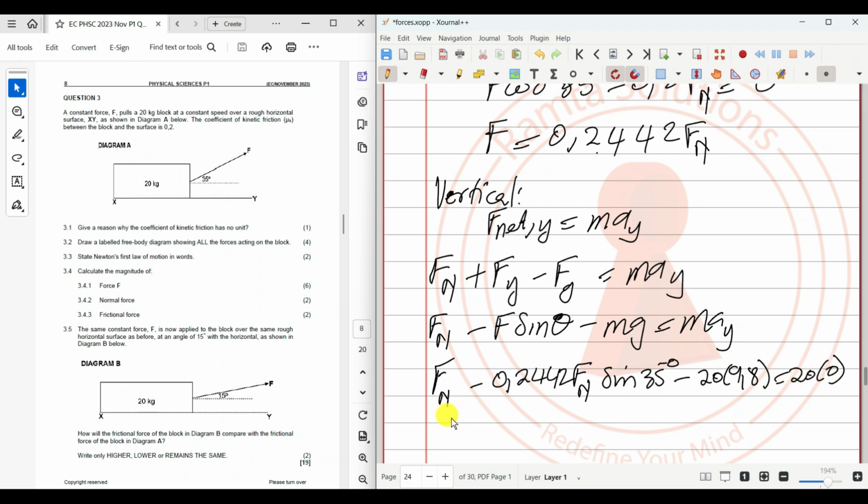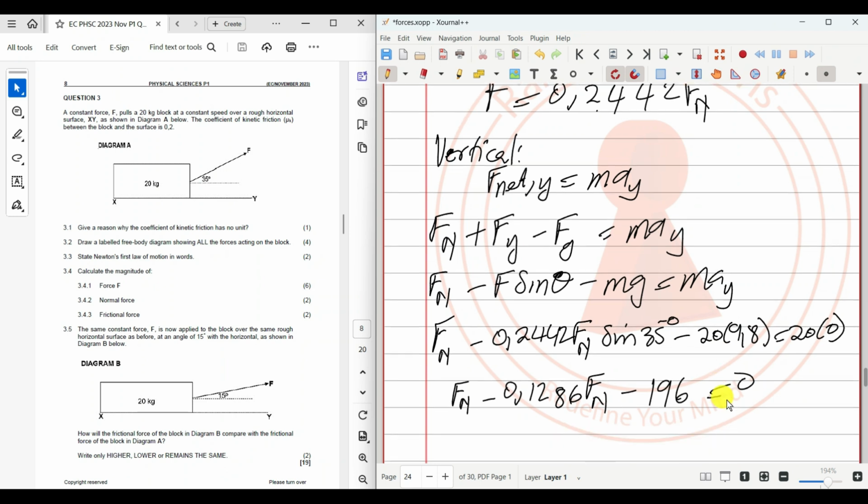Okay, perfect. Now, let's see. We have F sub n minus 0.2442 times sine 35. What is it? It is 0.1401 F sub n minus, this must be 196, I believe, equals 0. 20 times 9.8 is 196, correct?